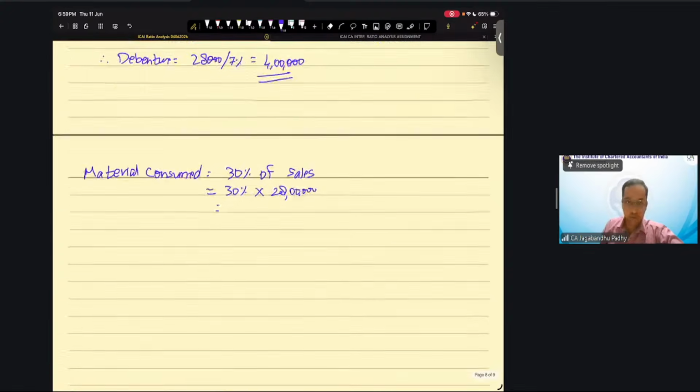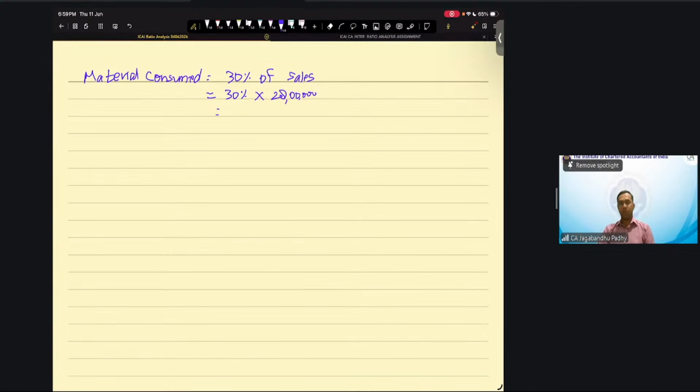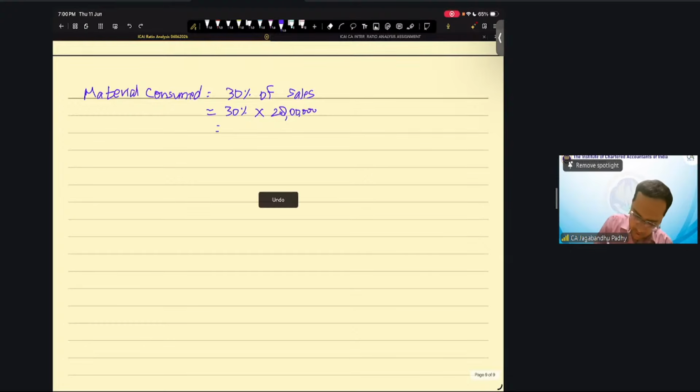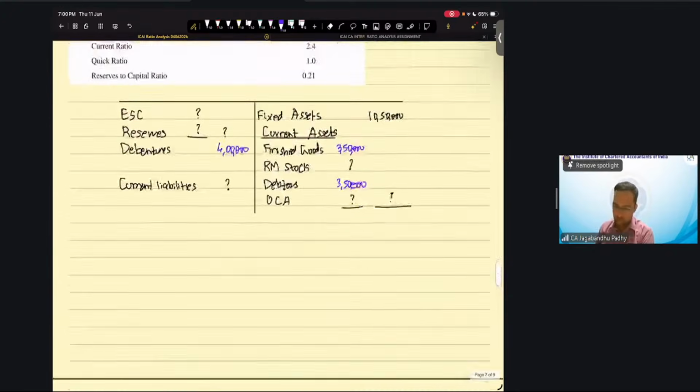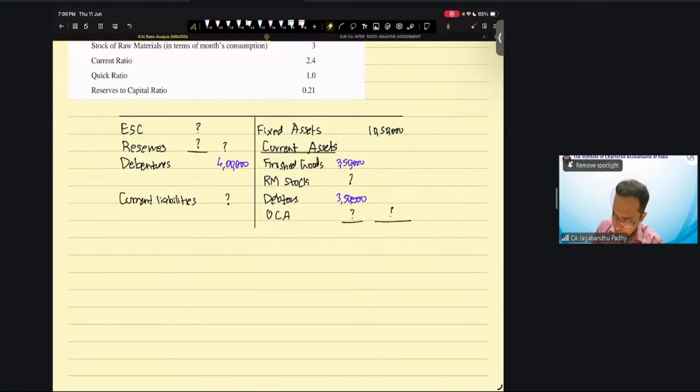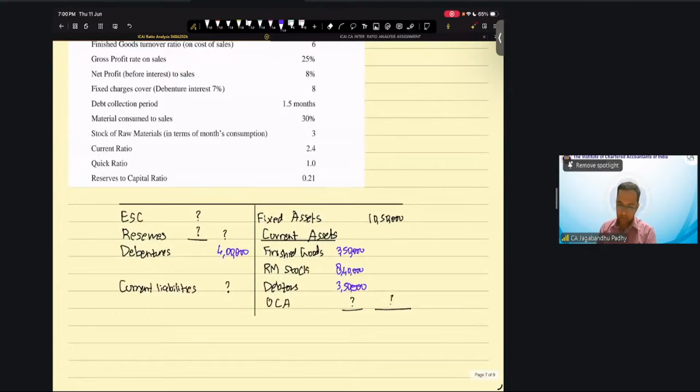So how much will be the material consumed? 28 lakh into 30%. Material consumed is 8 lakh 40,000. Perfect. So over here we have the figure as 8 lakh 40,000.